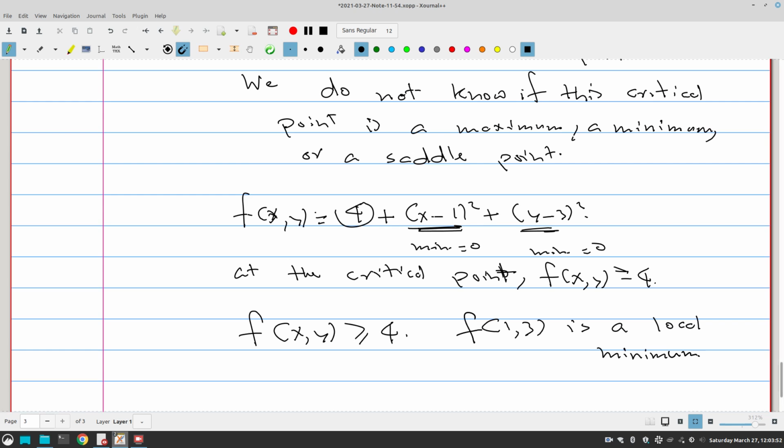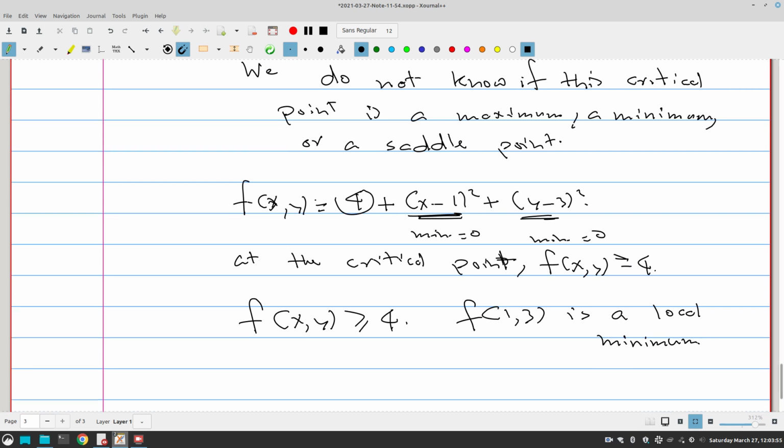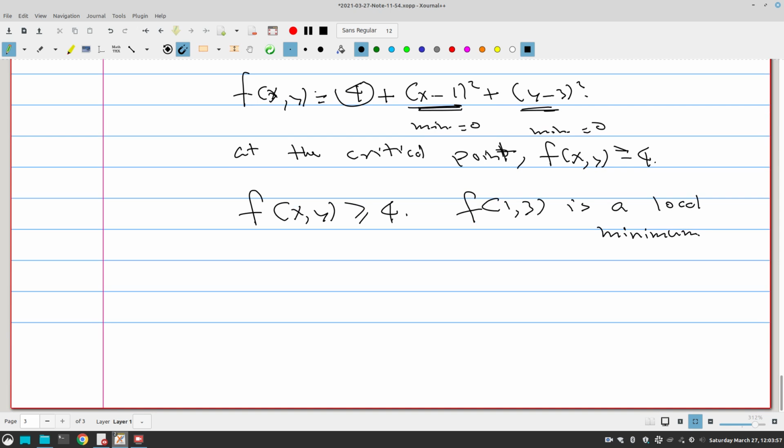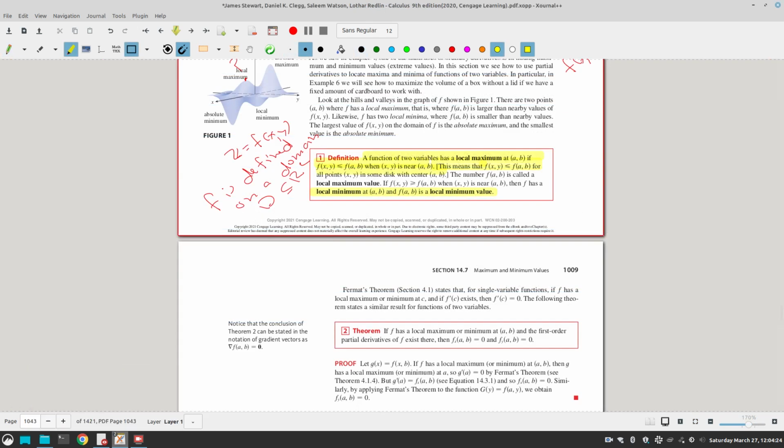In fact, we know for a fact that the domain of the function extends throughout R2, and we have one local minimum, right? So we can safely say that f of 1, 3 is a global minimum, right? Have a look at the shape of the graph of f.